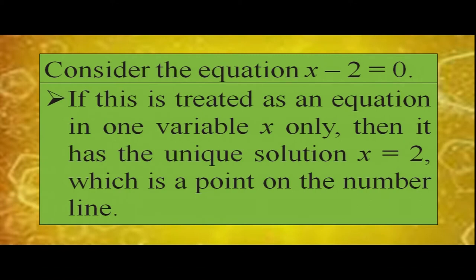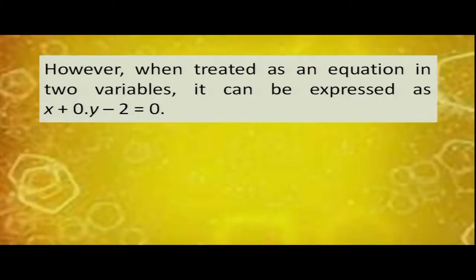And if we represent it geometrically, we get a point on a number line. But this equation can also be treated as a linear equation in two variables. And what is the form? The form is x + 0·y - 2 = 0.